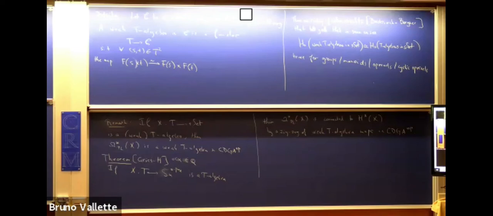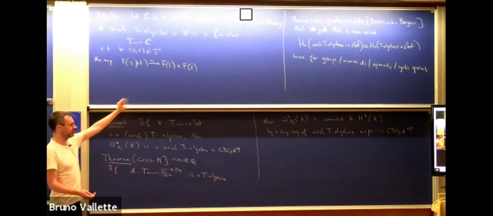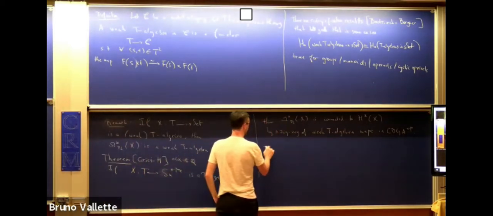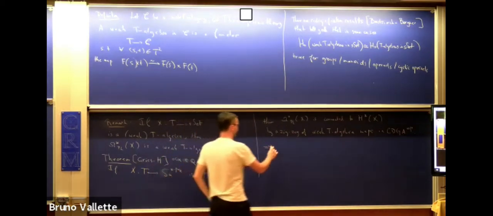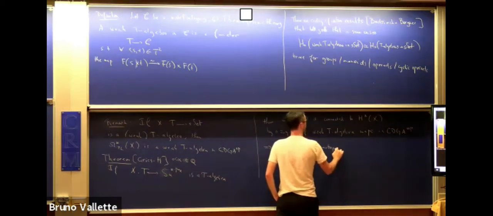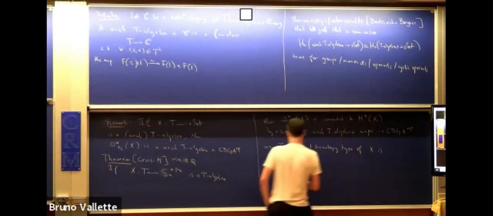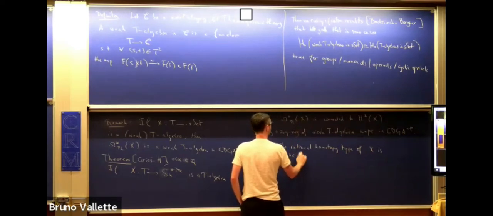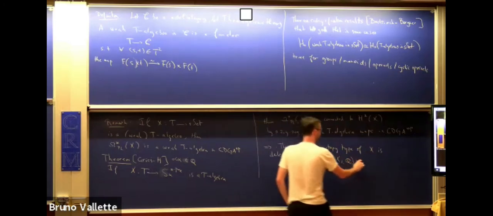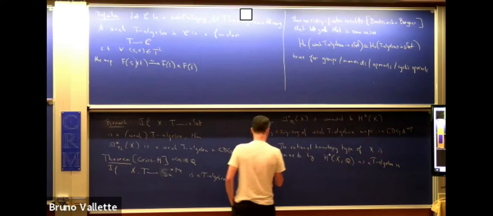And if you don't like this, in the situations where we have a rigidification result, like over here, this implies, so I'm going to state this as a slogan: the rational homotopy type of X is determined by the cohomology of X as a T algebra in graded commutative algebras.